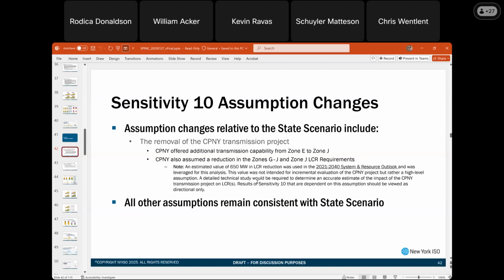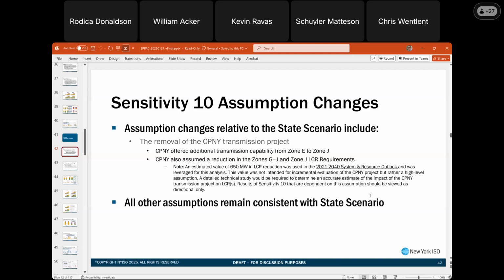We estimated a value of 650 megawatts of LCR reduction, and this was used in the system and resource outlook and also leveraged for this analysis, but it was not intended for incremental evaluation of CleanPath.